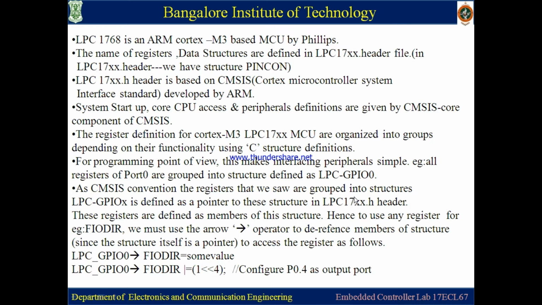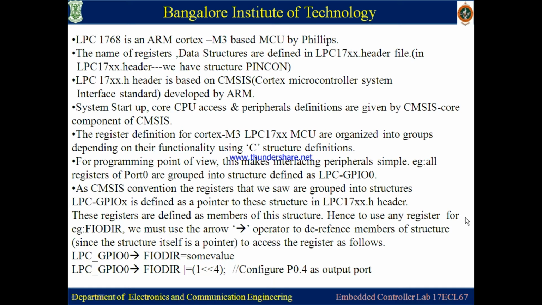We saw that the registers are grouped into structures. LPC_GPIOx, this x will correspond to the different ports. Ports 0, 1, 2 and 3 are defined as pointers to these structures in the LPC17xx.h header file. For example, we have a direction register that is called FIODIR, Fast Input Output Direction Register.